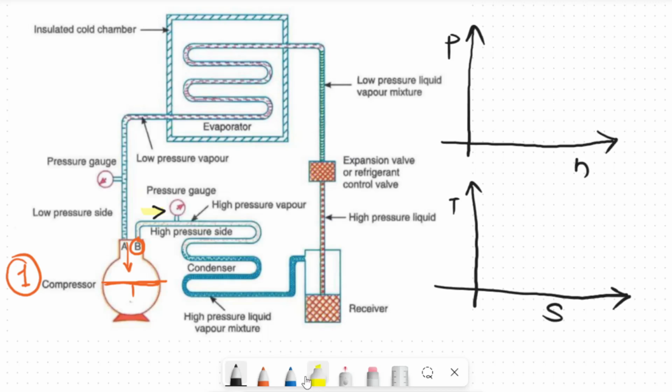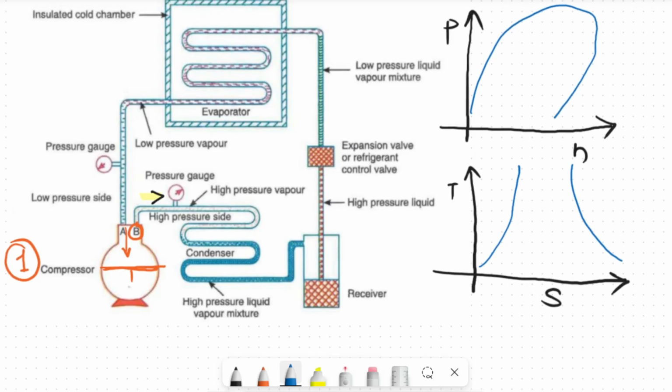So the process of compression, as I'm telling you, ideally it is isentropic process of compression.